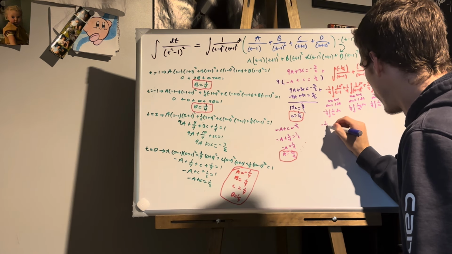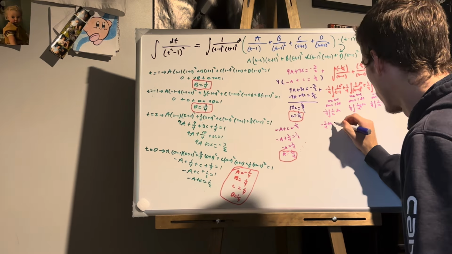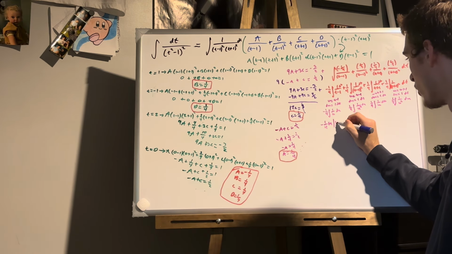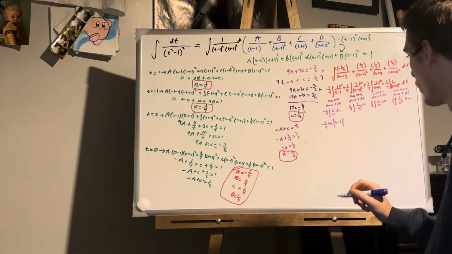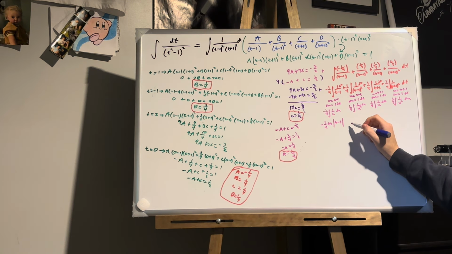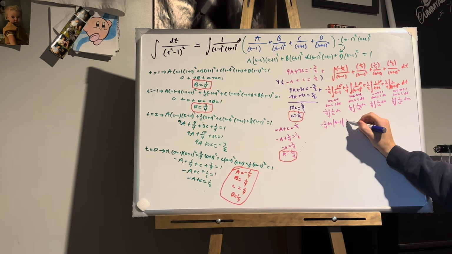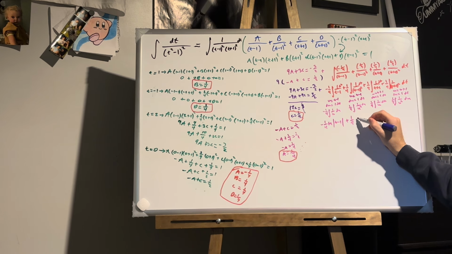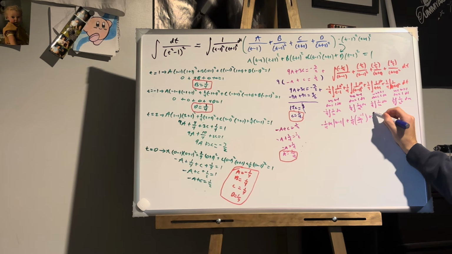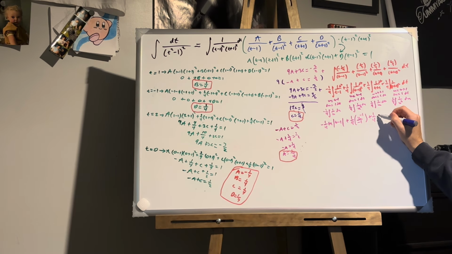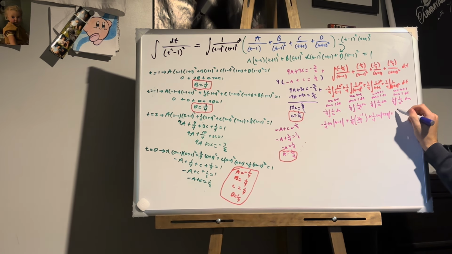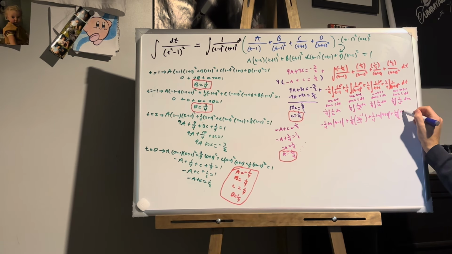So this becomes -1/4 natural log of u, which is t minus 1, plus 1/4 u to the -1 over -1, plus 1/4 natural log of u, which is t plus 1, plus 1/4 u to the -1 over -1, plus c.